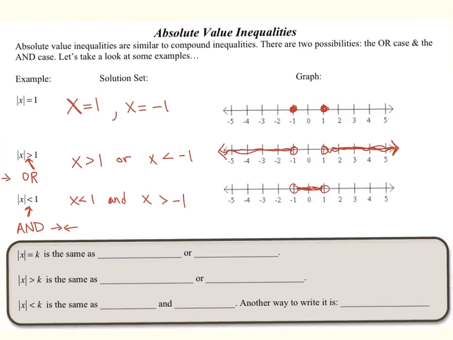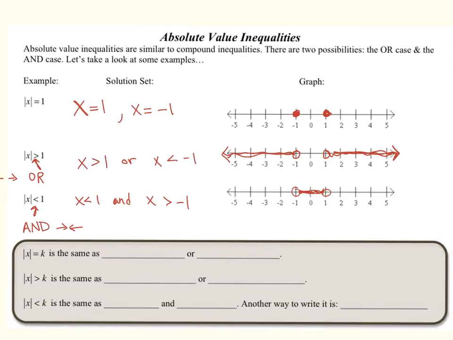So as you guys are doing this, you have the absolute value of x, and these are just some side notes. It says the absolute value of x equals k is the same as what we set up above, x being positive k or x being negative k.